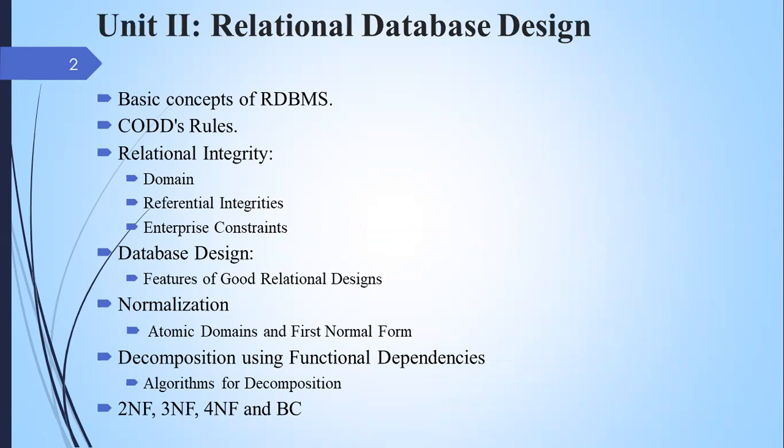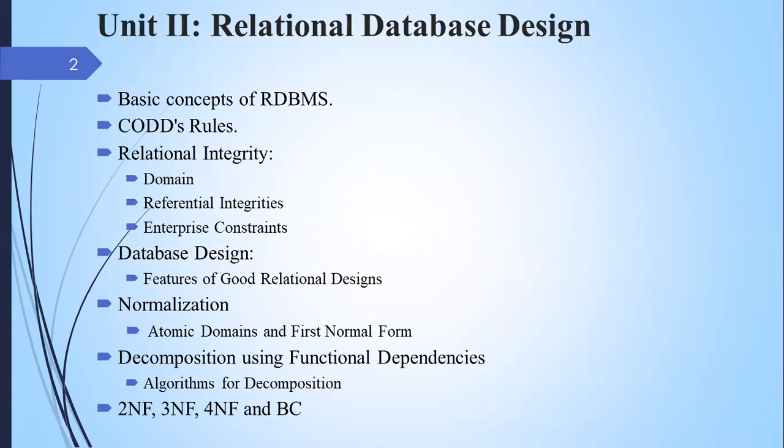then Codd's rules, relational integrity, in which we need to see domain, referential integrities, and enterprise constraints. Then we need to study database design and features of good relational design. We have to see normalization. After that, decomposition using functional dependencies.